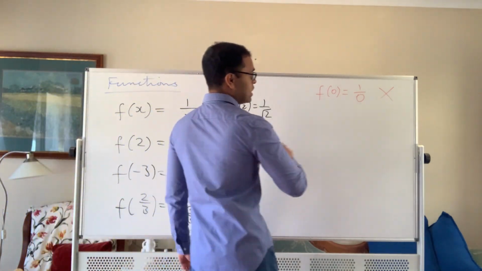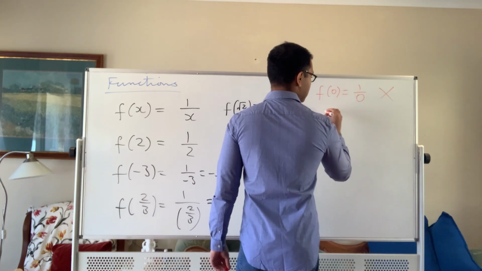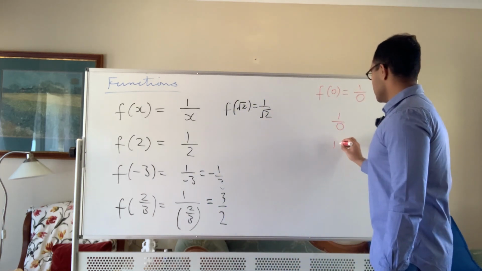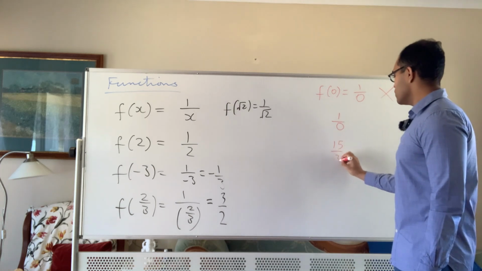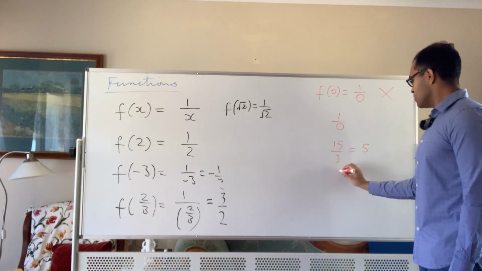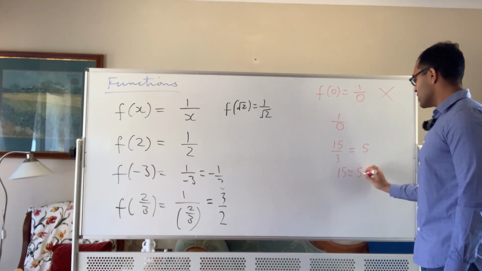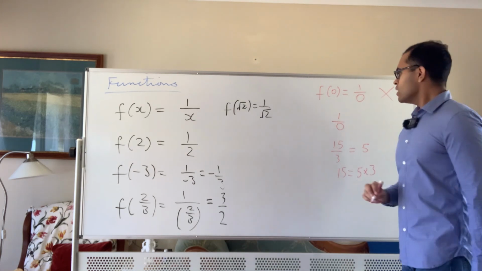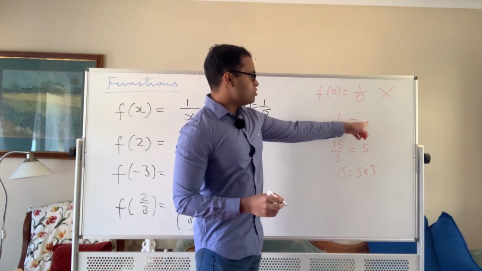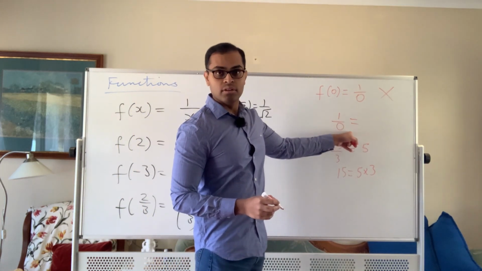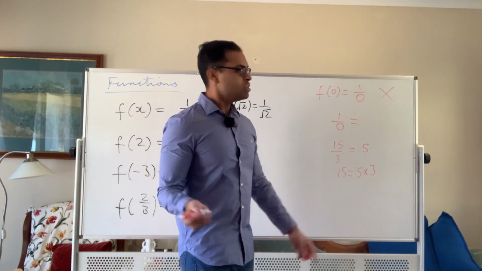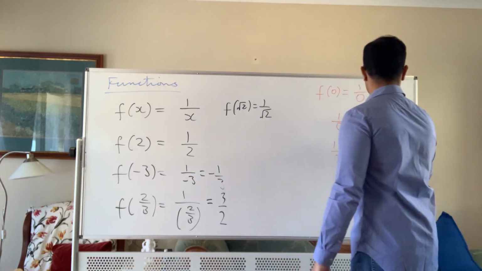But 1 over 0 is not possible, because, if you think about it, an example I like is 15 over 3 is 5. What that means is that 5 times 3 is 15. It's the same way of saying 5 times 3 is 15. But 1 over 0, what could it be? Any number you choose times 0 is just 0. So you can never put a right-hand side here to make this equation valid. So 1 over 0 is undefined.